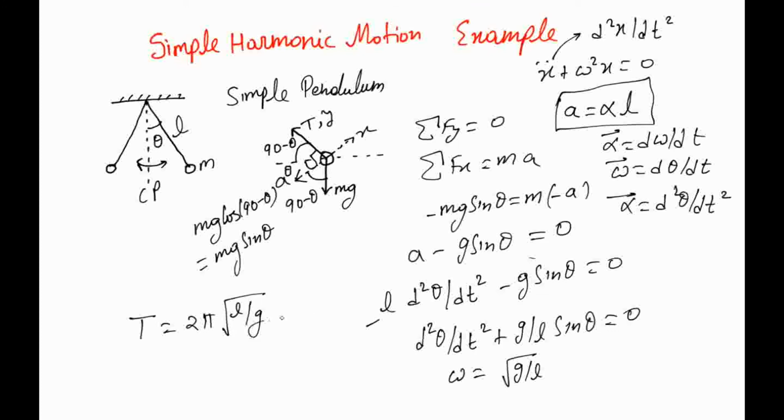So this is the time period of a simple pendulum, and this is the angular frequency. As you can clearly see, if we increase L, the time the pendulum takes will go up, and if we increase g, which means the gravity, then the time taken by the pendulum will go down. As a matter of fact, if we go to the moon, the same pendulum will take longer to complete one cycle.